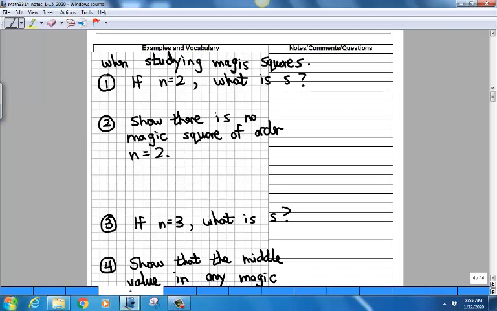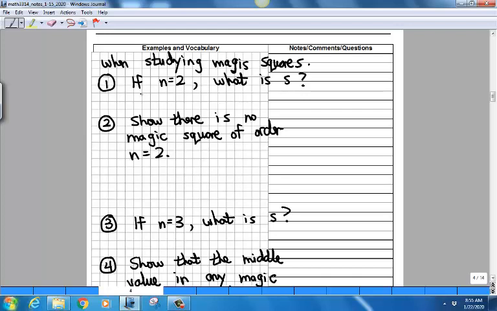So here's our first little question. Here's a gimme question for a test. If n is 2, and you're going to create a magic square of order 2, of course I already told you that there aren't any magic squares of order 2. But if we were going to create one, what would the magic sum have to be for that magic square? So what's the S value?